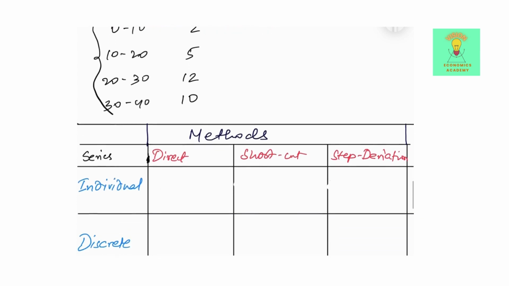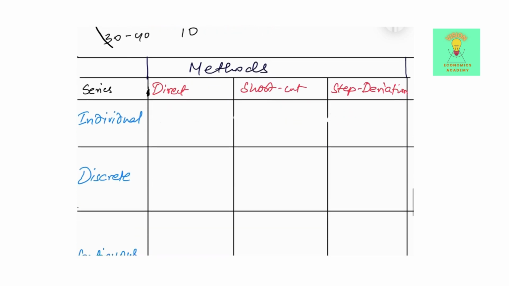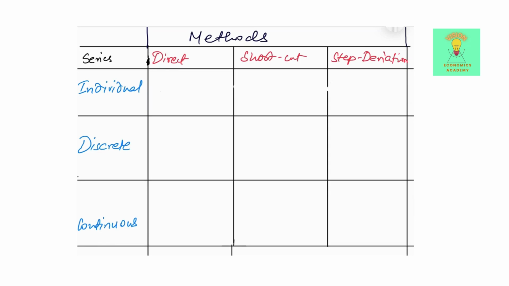Now let us see the formula for each of the series: individual, discrete and continuous series. So there are 3 methods to solve each of these series, and the formula for each is as follows. Sometimes the question would not ask you directly as to which method to use, then it's your discretion.